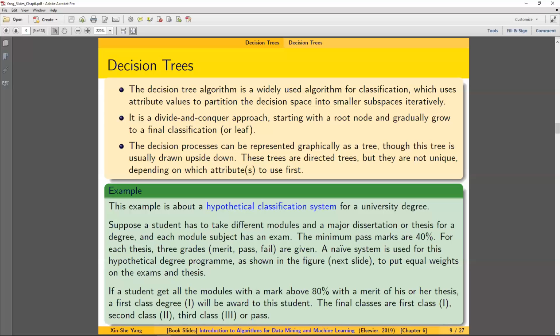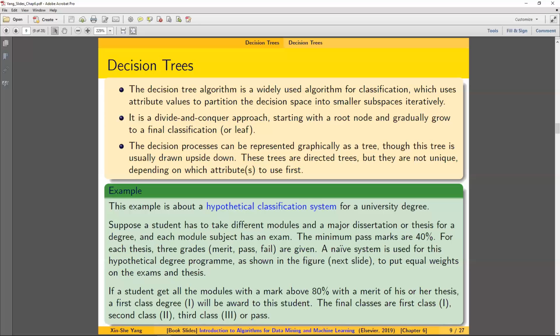So let's use this specific example of a hypothetical classification system for a university degree. Suppose that a student has to take different modules and a major dissertation or thesis for a degree, and each module subject has an exam.